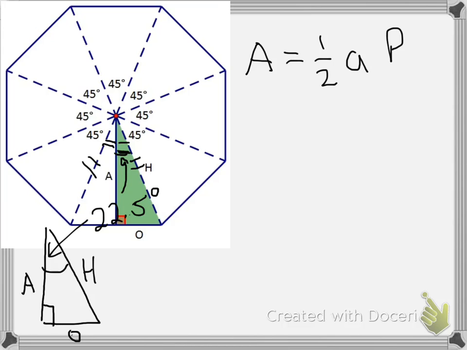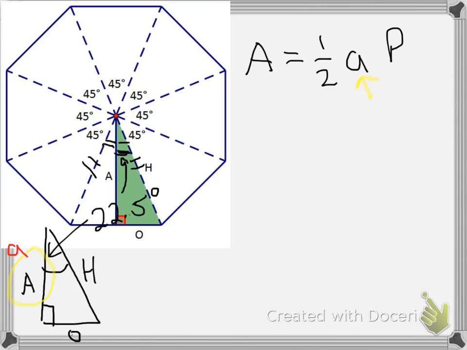What we'd like to do is get this here because that's going to be our little a. This is a little a in our formula.